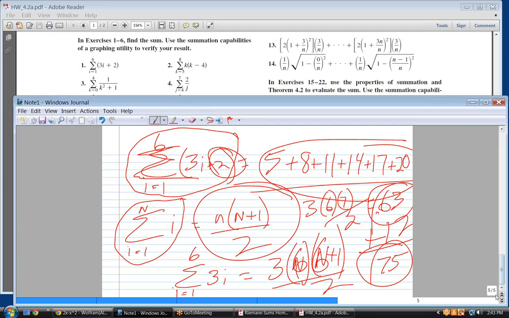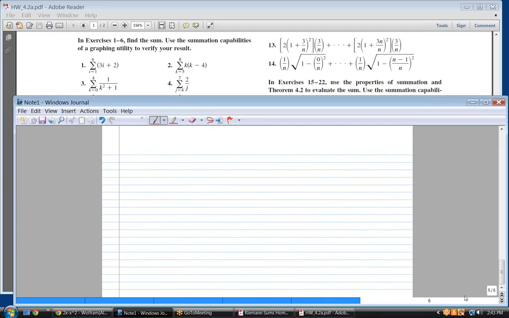Now, your book gives you 4 formulas that are helpful. One was, I already gave it to you, the sum of i, which is equal to n times n plus 1 over 2, where i goes from 1 to n.